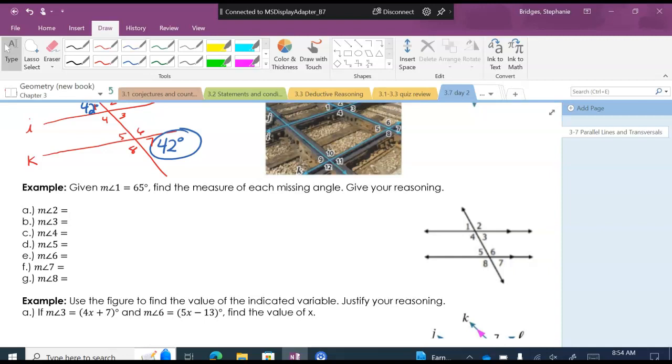So we go 1, 2, 3, 4, 5, 6, 7, 8. All right, what does it tell us about angle 1? What is angle 1? 65 degrees. And it wants us to fill in every other angle in this picture.